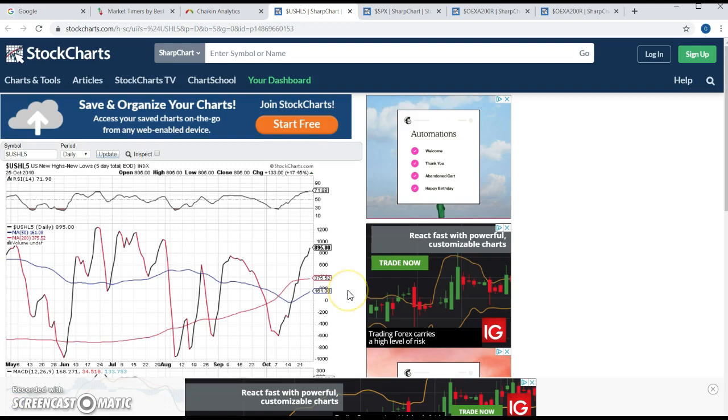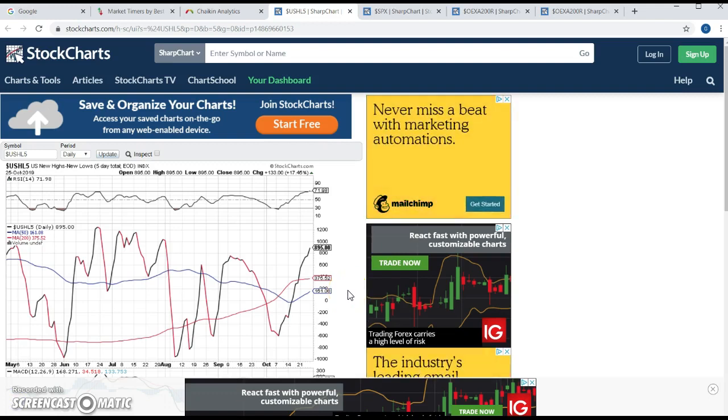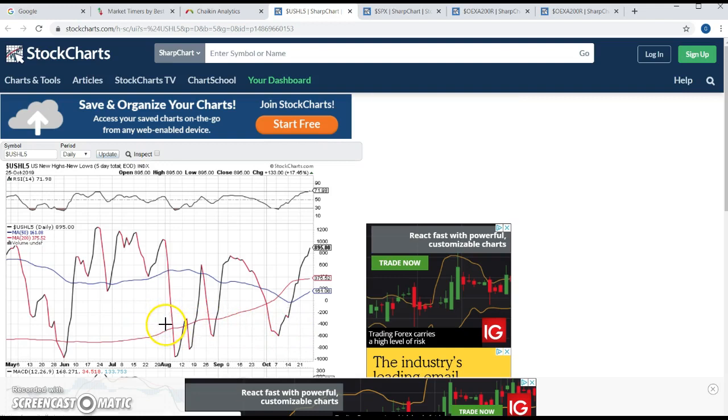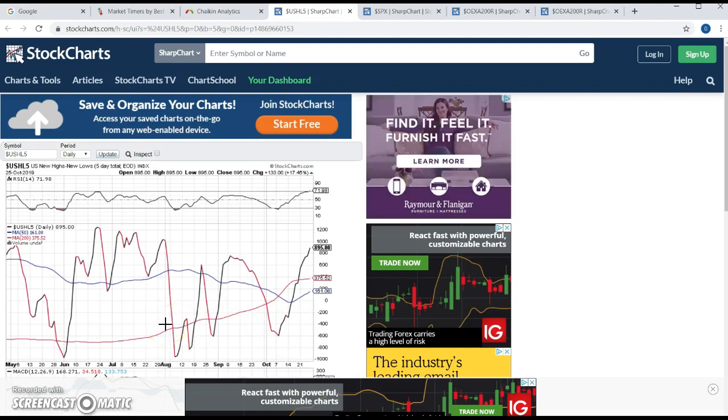Here's a chart from stockcharts.com that we've looked at many times in the past. You may recall that back here, Alex Elder sent me an email pointing out that we fell below that minus 400 number of stocks making new highs versus new lows. We were on the minus side of this, so there were more stocks making new lows than new highs.